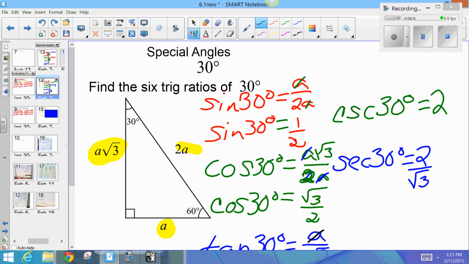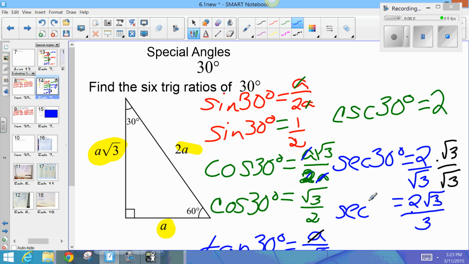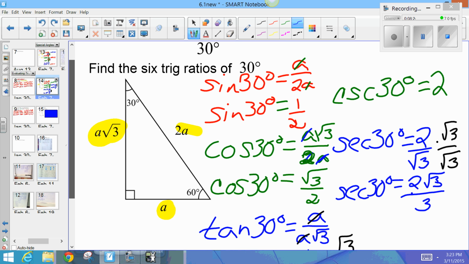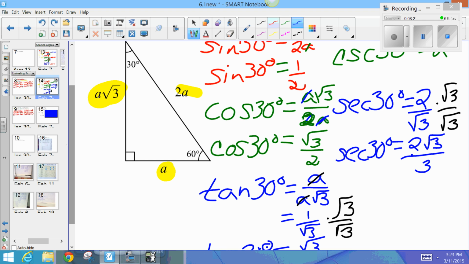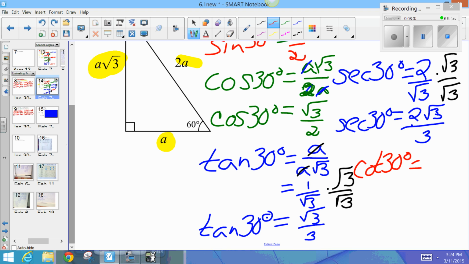I want to rationalize it, so I'm going to multiply top and bottom by radical 3. That gives me 2 radical 3 over 3. And then cotangent is the reciprocal of tangent. Go back to the pre-rationalized one. The reciprocal of 1 over radical 3 is radical 3.